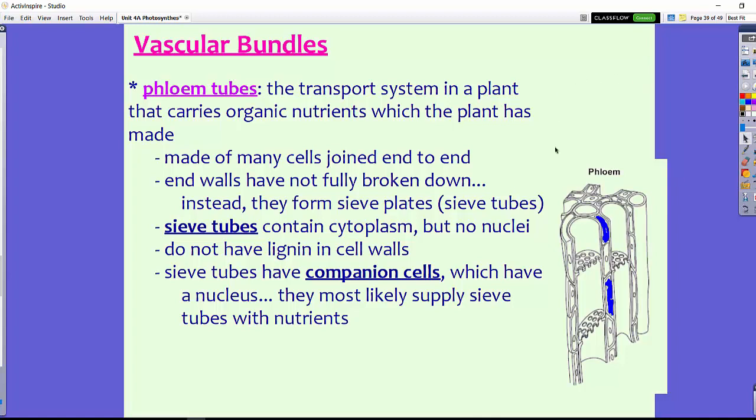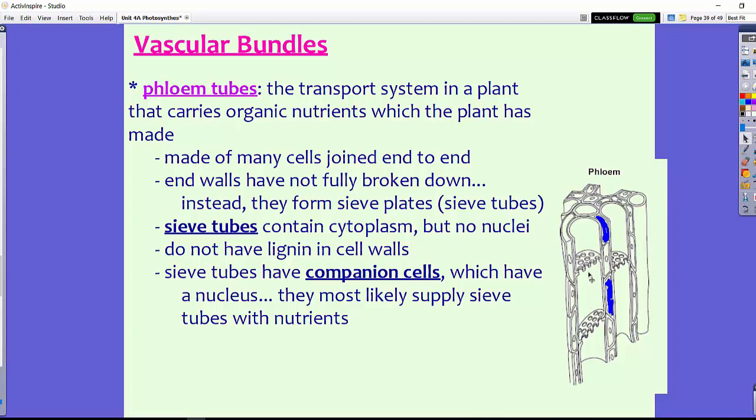However, you notice here that these end walls, the plates that go between the two cells, have not fully broken down. They are still visible. And instead they form these things called sieve plates or sieve tubes. So imagine these little holes that allow things to transport themselves back and forth.